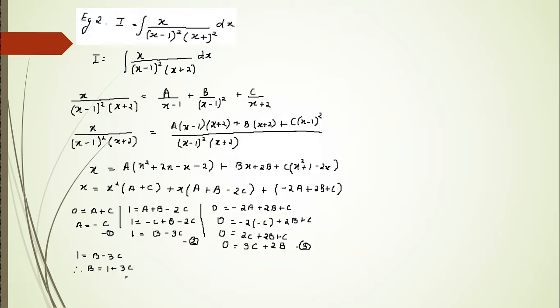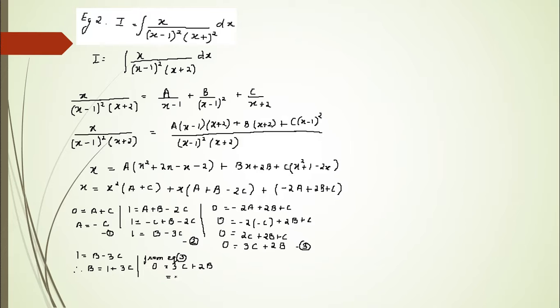Now from equation 3, putting the value of b, I'll get 0 is equal to 3c plus 2b.